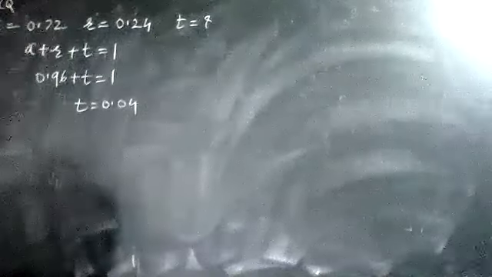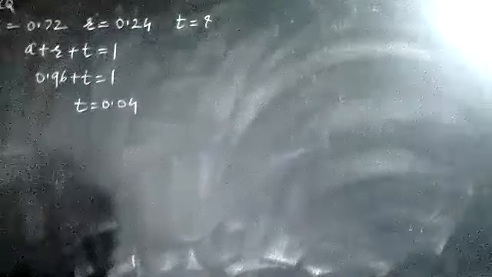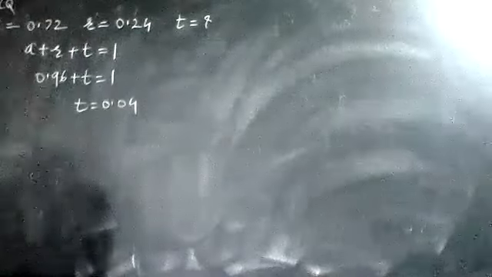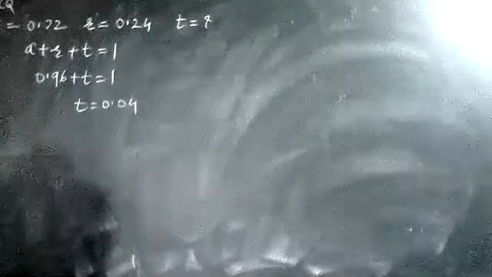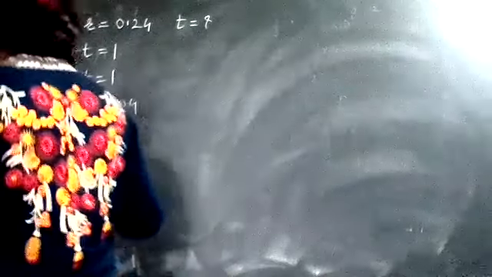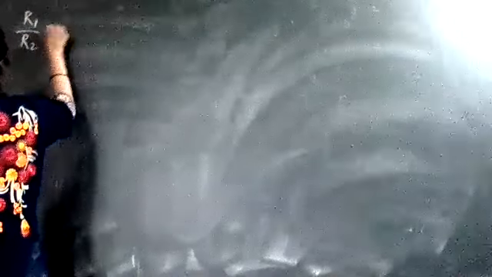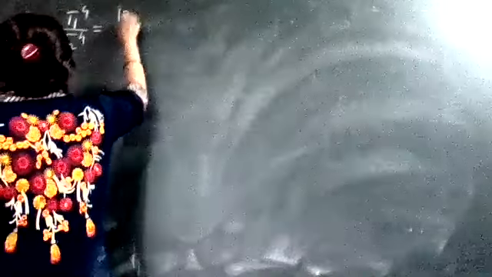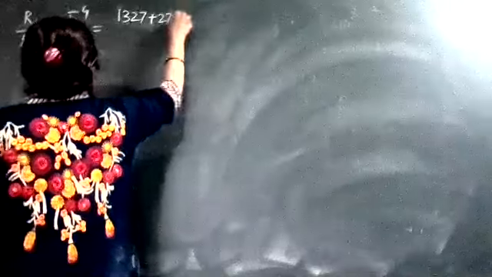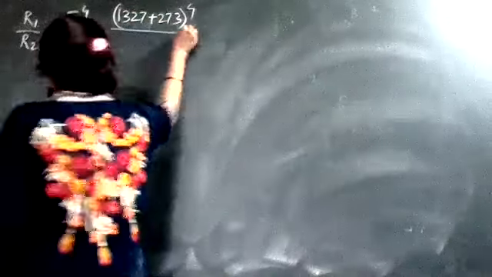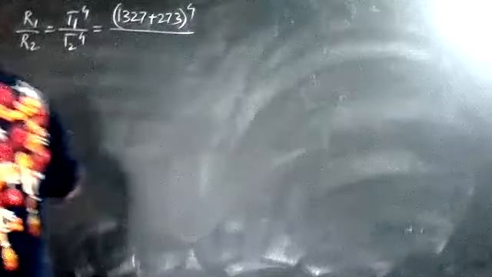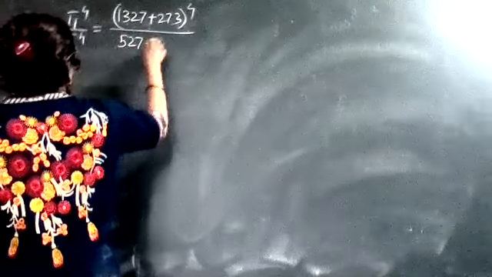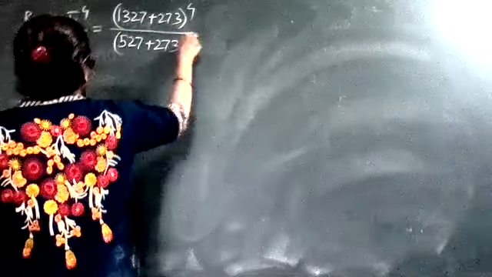Then the fifth one: the ratio of emissive power of a perfectly black body at 1327 degrees Celsius and 527 degrees Celsius. You have to find out the rate of emission. So rate of emission, I will say R1 upon R2 is equal to T1 raised to 4 upon T2 raised to 4. T1 is 1327 plus 273 raised to 4, divided by T2, temperature given as 527 plus 273 raised to 4.